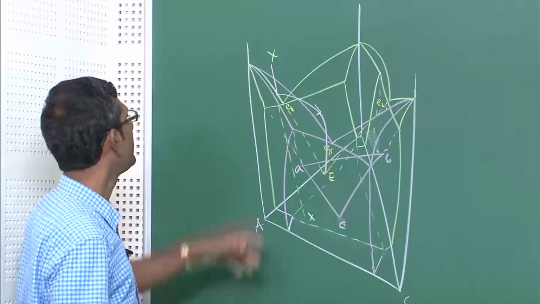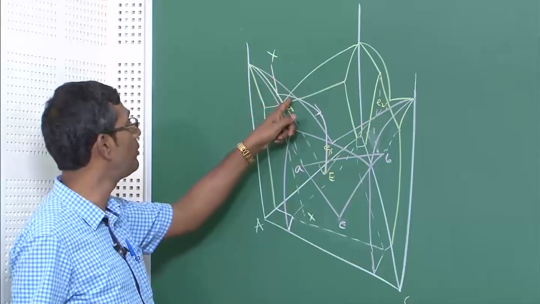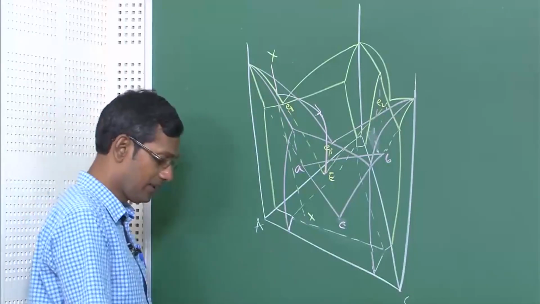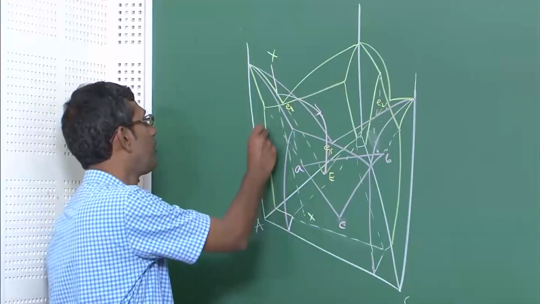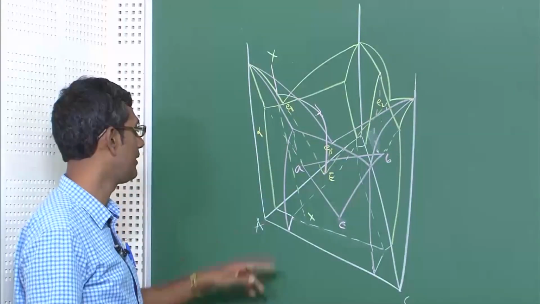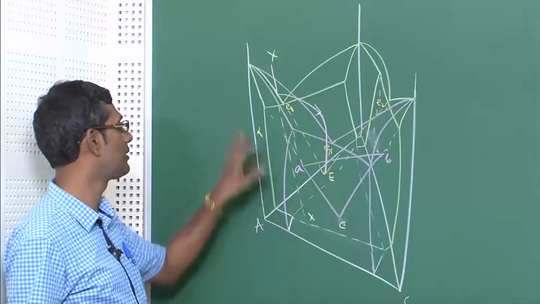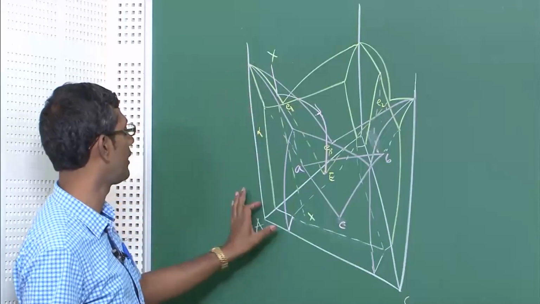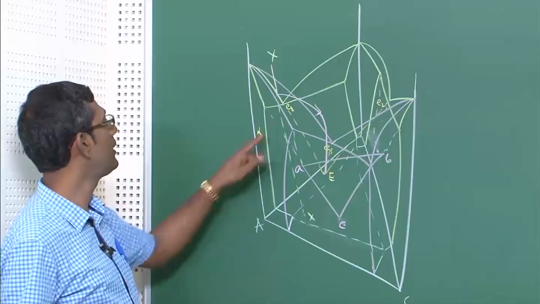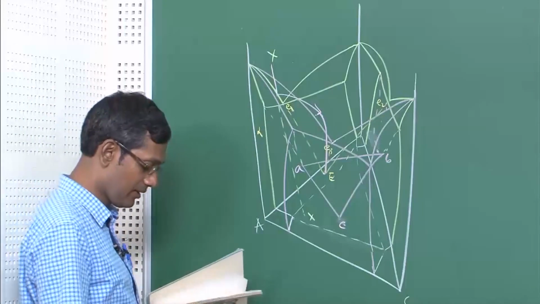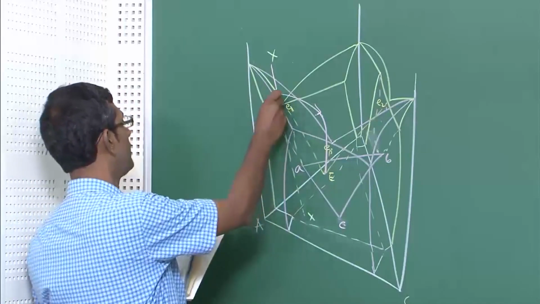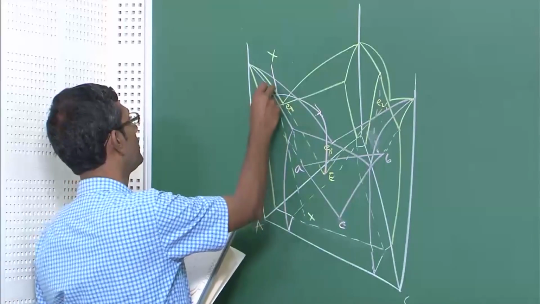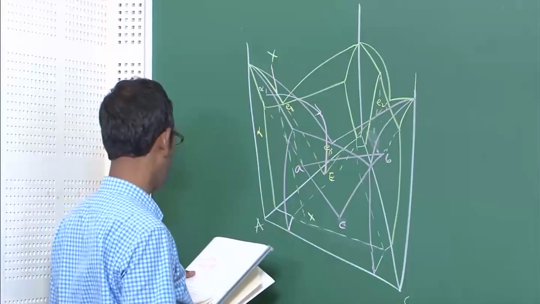What does it mean? This means that as the alloy composition goes down this way, it will start precipitating alpha. Remember, this is alpha, right, alpha phase field. Solution between A and C, or A and B both, this is alpha phase field. If you connect these two, this particular space field here is alpha. So, it is going to precipitate alpha here, and alpha will have a composition of alpha 1, which you can obtain from that.